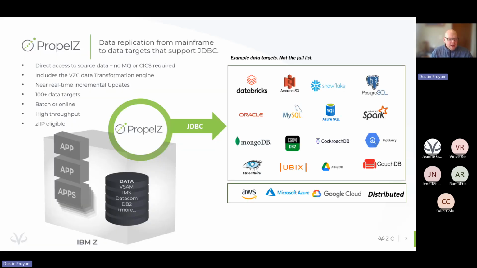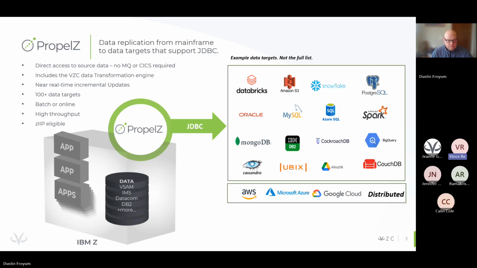So Vince, can you kick us off and talk a little bit about the overall architecture, the distinguishing features and the functions of PropelZ? Yeah, so one of the most important things to understand is PropelZ is mainframe software. It executes under z/OS. And the idea is that gives it direct access to just about anything on the mainframe.